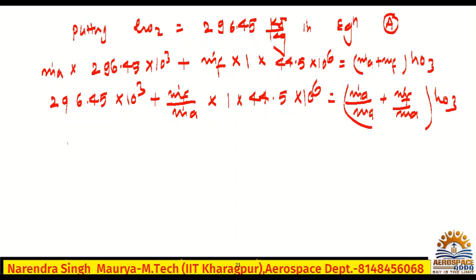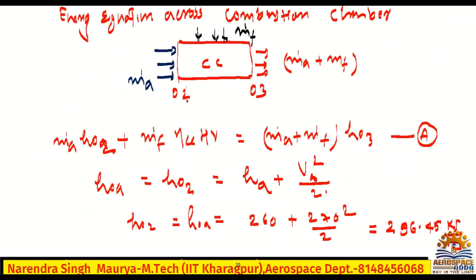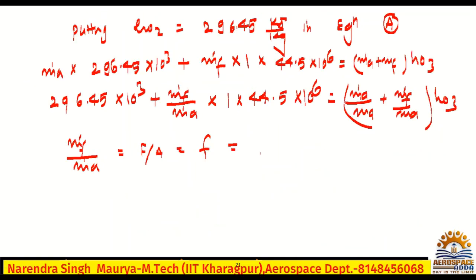We know that M dot F by M dot A is the fuel to air ratio, which is nothing but small f. And check this value. I think they have given 0.019 fuel to air ratio. All right.